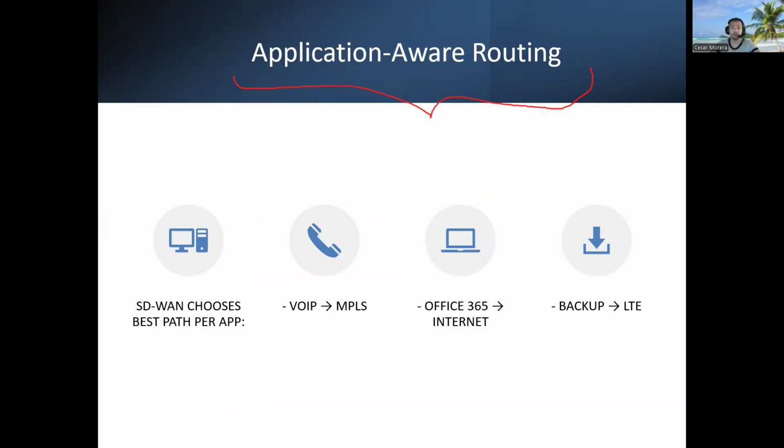We can talk about voice, MPLS, Office 365, internet, and finally backup LTE. Depending on the application that you are running, it will choose the best option. In this case, we can have internet, we have MPLS, we have LTE technologies. So it just depends on the technology and the applications that you are currently supporting.